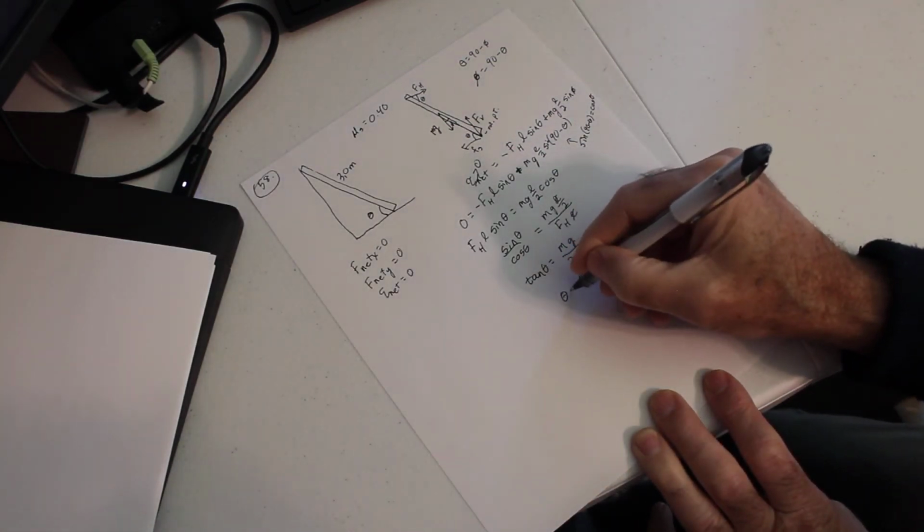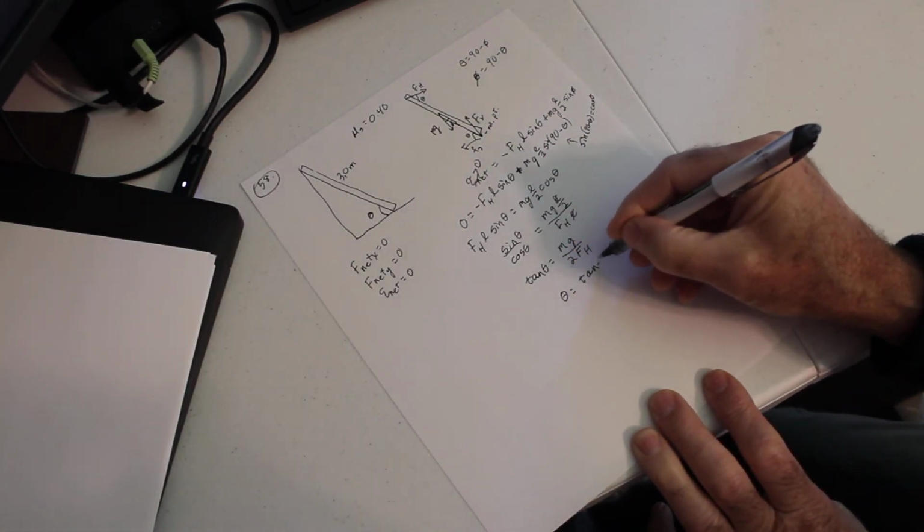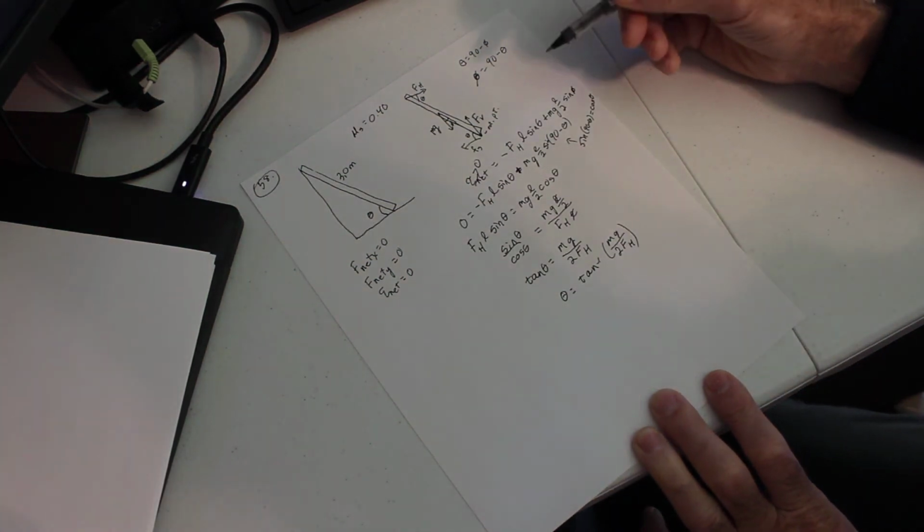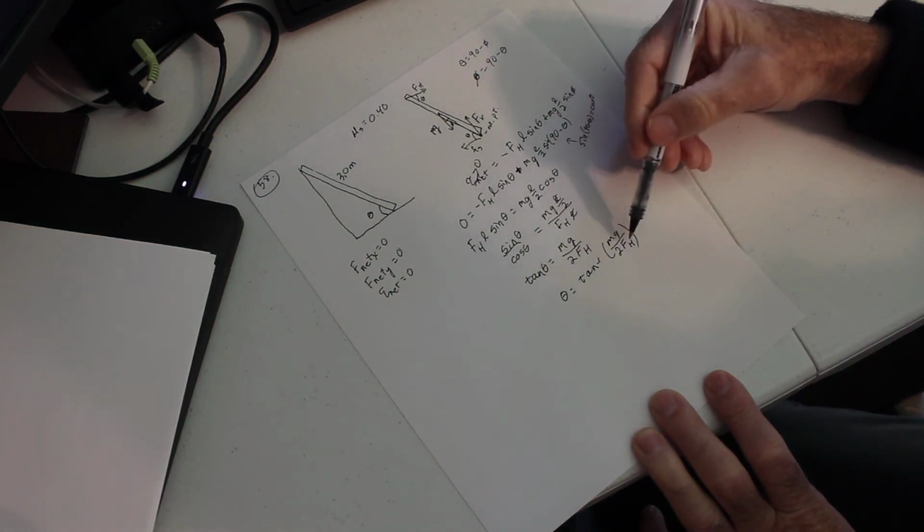And theta is equal to the inverse tangent of mg over 2 FH. However, I don't know the mass and I don't know FH.